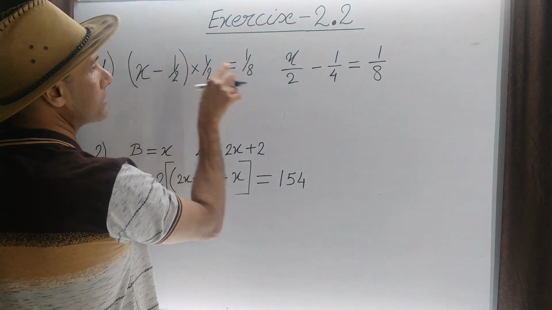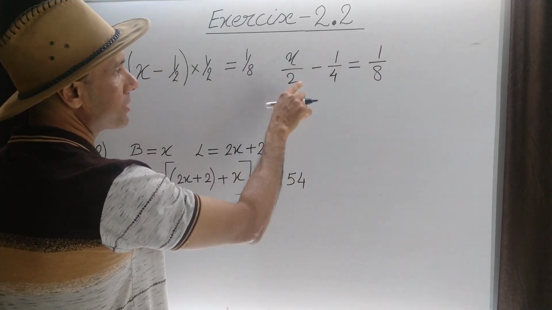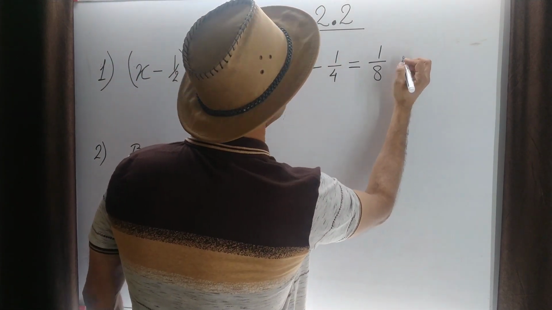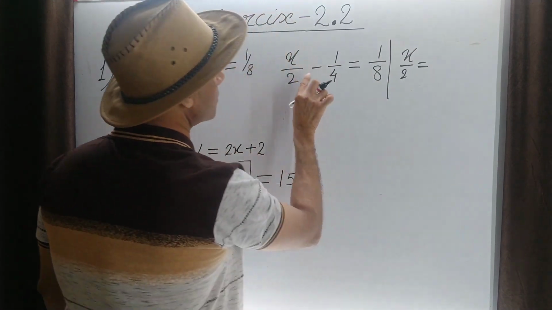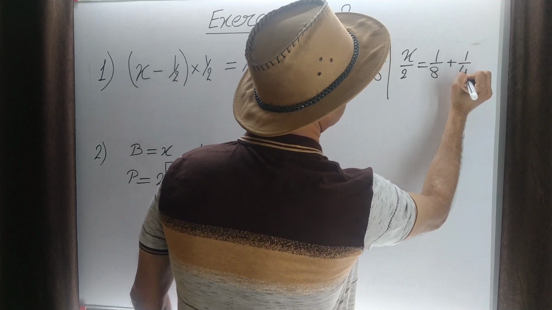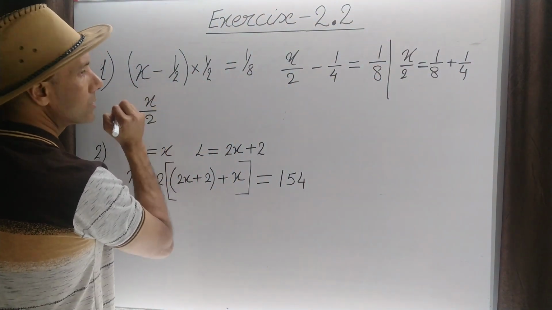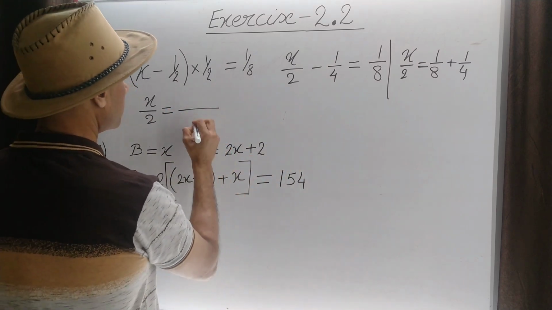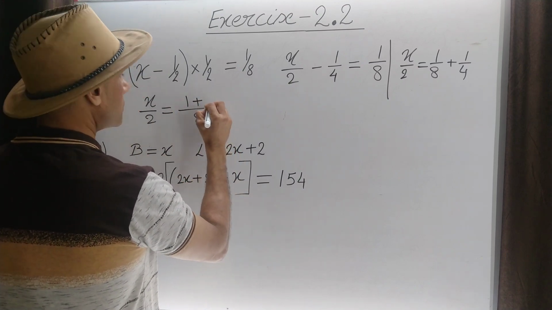2 into 2 is 4, so this becomes minus 1 by 4, and the equation gets simplified into this form. So we can write x by 2 is equal to 1 by 8 plus 1 by 4. The common denominator, LCM, is 8 here, and we get 1 plus 2.